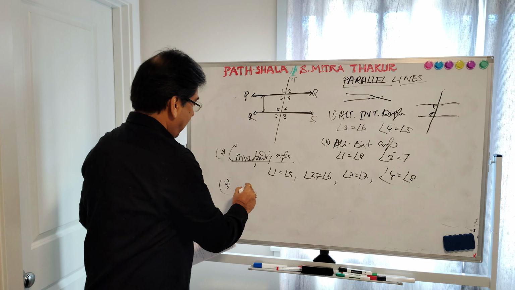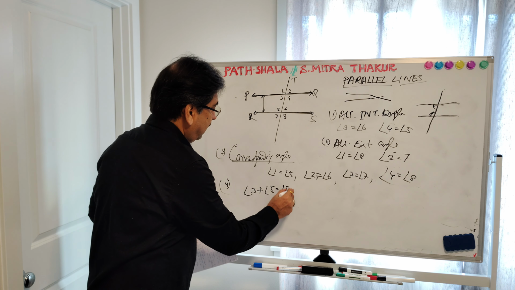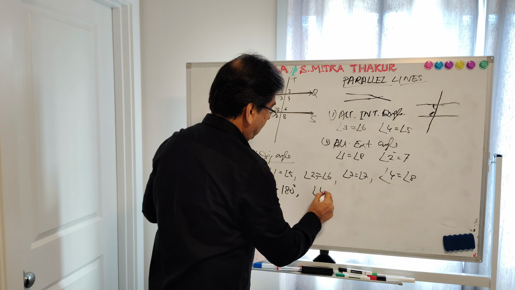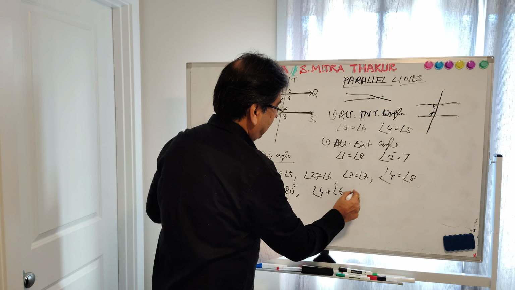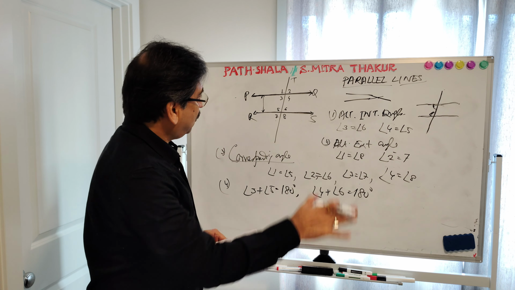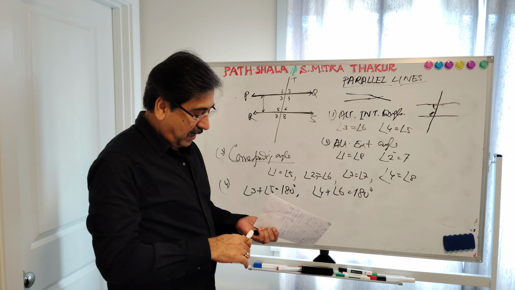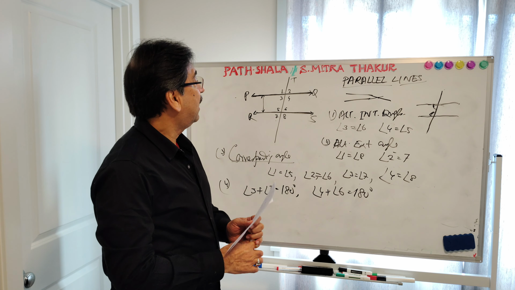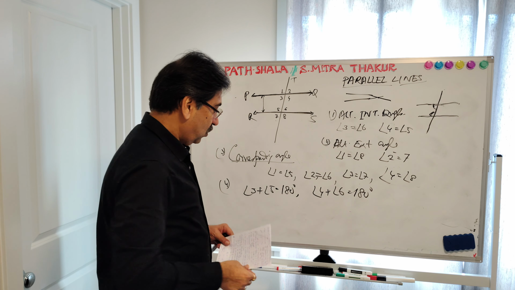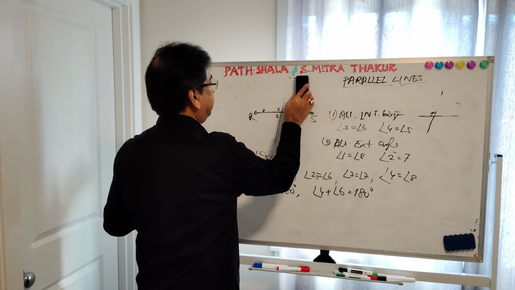So here angle 3 plus angle 5 is equal to 180 degrees, and angle 4 plus angle 6 is equal to 180 degrees. So there are a lot of clues in this angle relationship. From these rules we will do the mathematics for parallel lines, right?